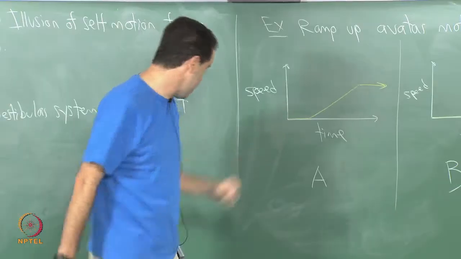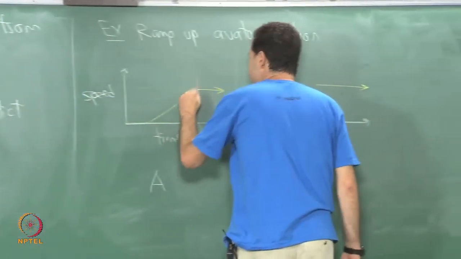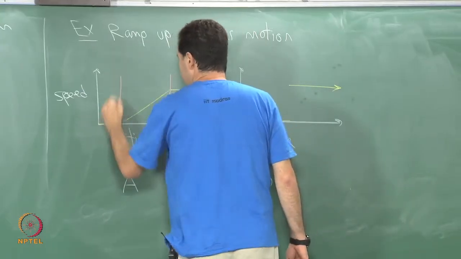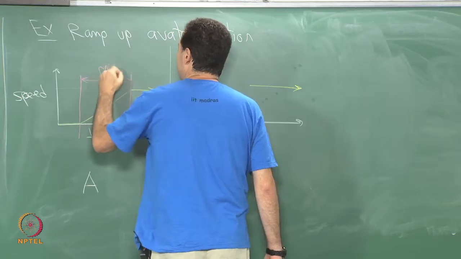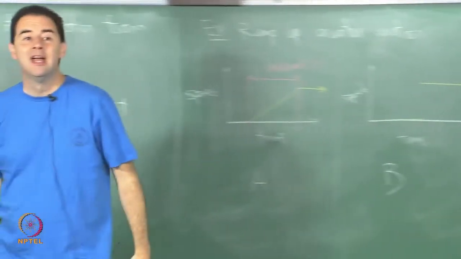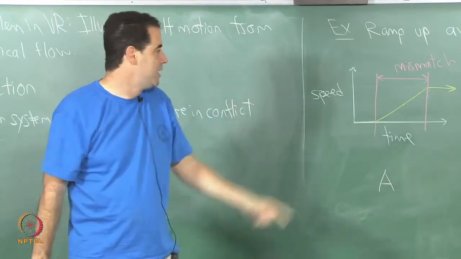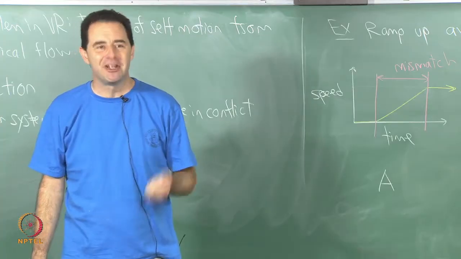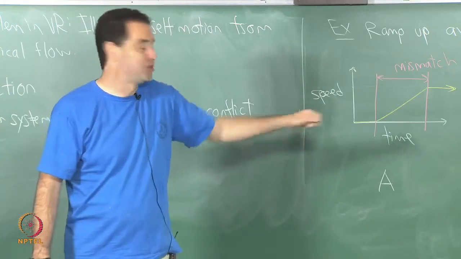Well, what happens here in the first case is there's an interval of time between these lines here. During this interval of time, there's a mismatch. There's a vestibular mismatch. So your brain has the opportunity to latch onto a mismatch over some period of time. And it builds a lot of confidence. You imagine the brain is going, oh yes, I'm certain there's a mismatch. It's been going on for a second or two.